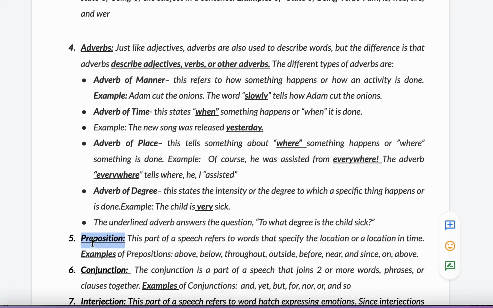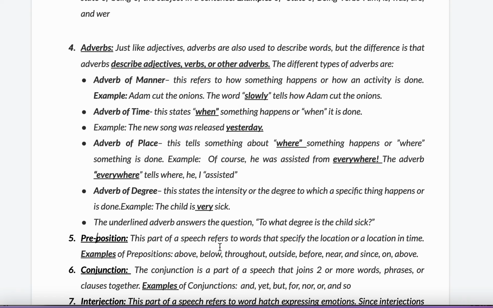Position is location. Pre is a prefix, which we use at the beginning. I say preposition is a word we use especially when we talk about location. Pre means before, position. So this is what I made.